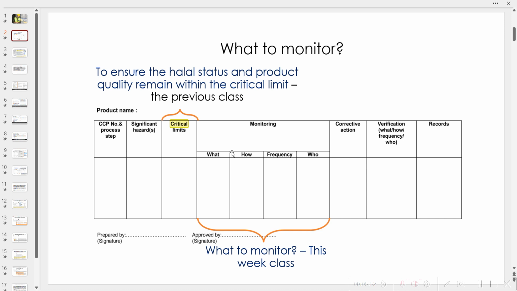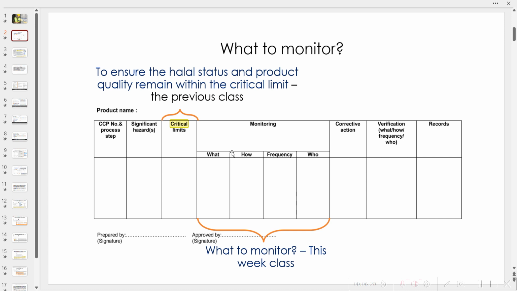So you can anticipate that on the fifth day there will also be an increment, perhaps to 5 degrees Celsius. So you can say on the fifth day it will fall beyond the critical limit that you have set. Okay, so what shall you do if you encounter this? Usually in production, you will take out the product that you store in the chiller and relocate it to another chiller.